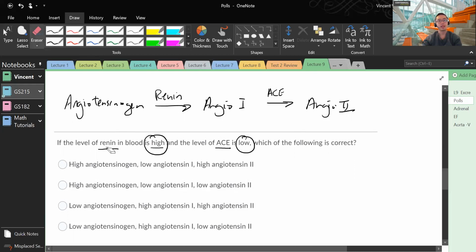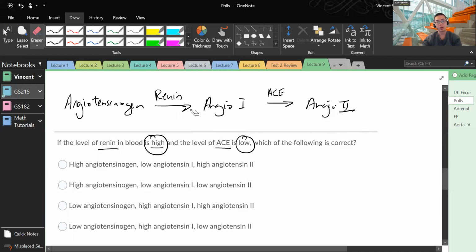Okay, so let's see. If renin is high, that means we will be able to convert angiotensinogen into angiotensin number 1. But if we don't have enough ACE, then number 1 will not be able to get converted into number 2, right? So if this is the situation, we would have low angiotensinogen, high angiotensin 1, and then low angiotensin 2.